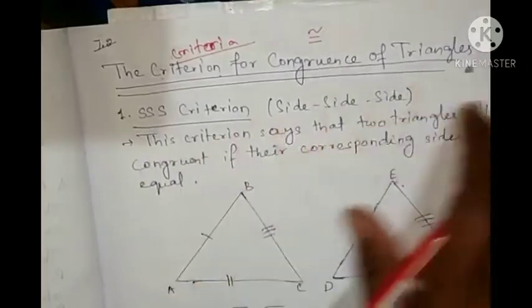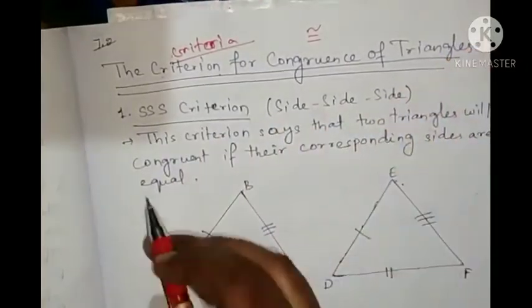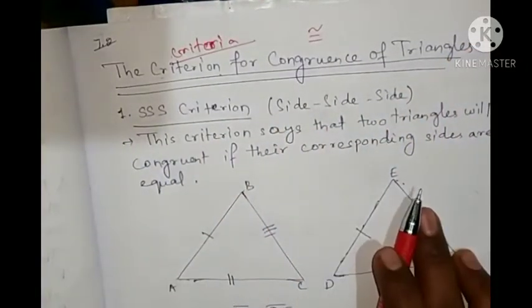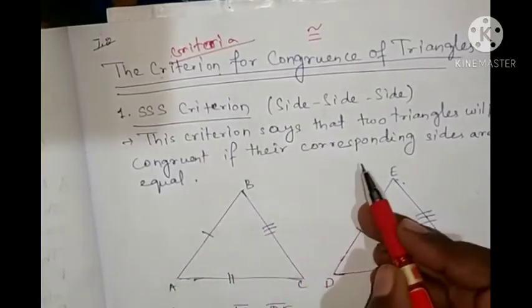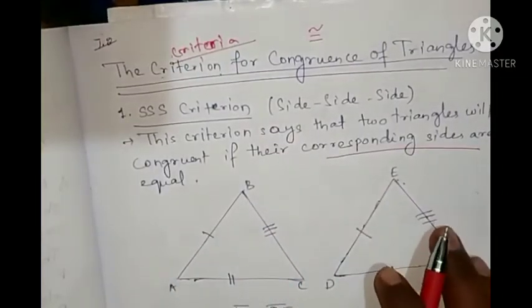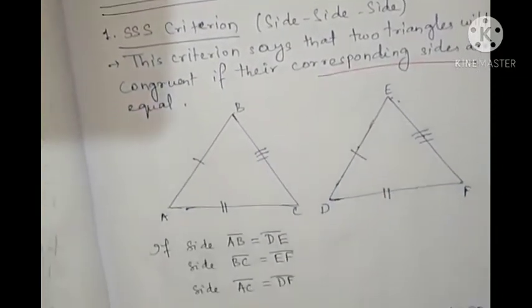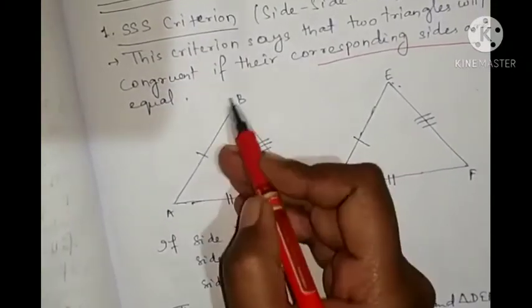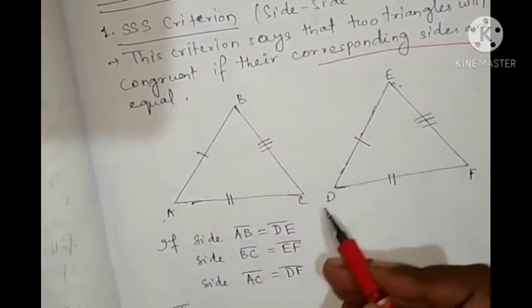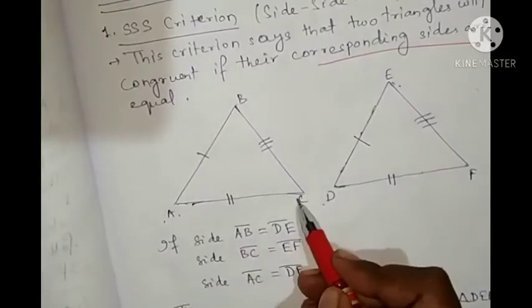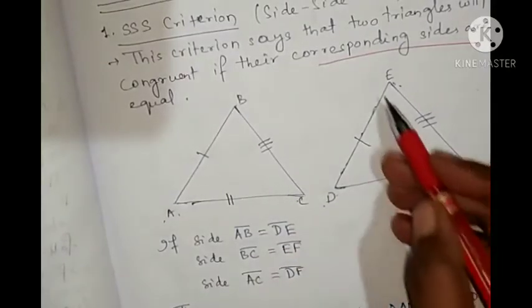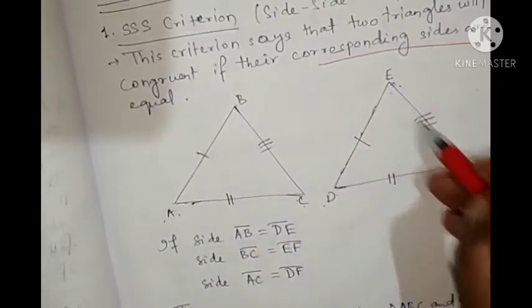S means side. This criterion says that two triangles will be congruent if their corresponding sides are equal. Look here: in these two triangles, AB is equal to DE, AC is equal to DF, and BC is equal to EF.